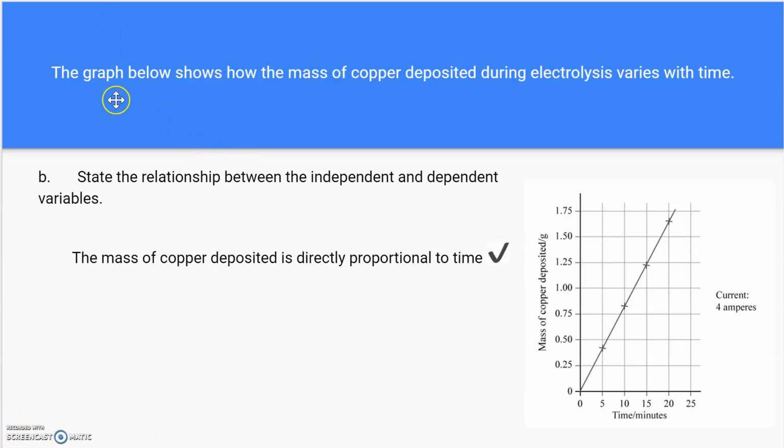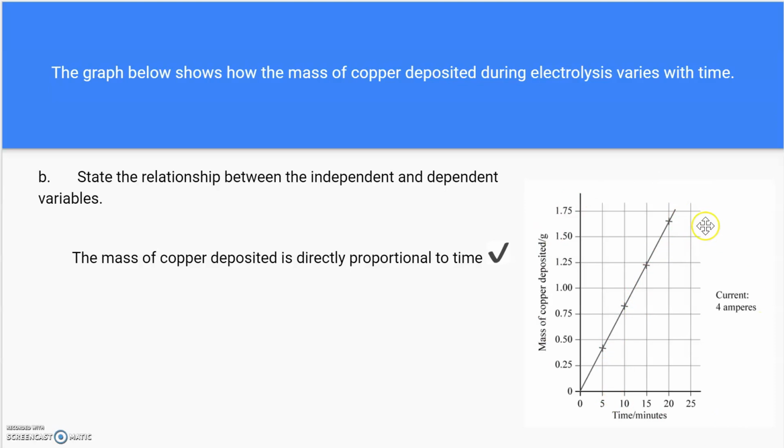Part B asks us to state the relationship between the independent and the dependent variables. When I was presenting the problem, I gave the graph a first glance, and I said that one was able to identify that the data points had a positive linear relationship. Now, whenever there is a positive linear relationship between the data points, that means that the dependent variable and the independent variable are directly proportional to each other.